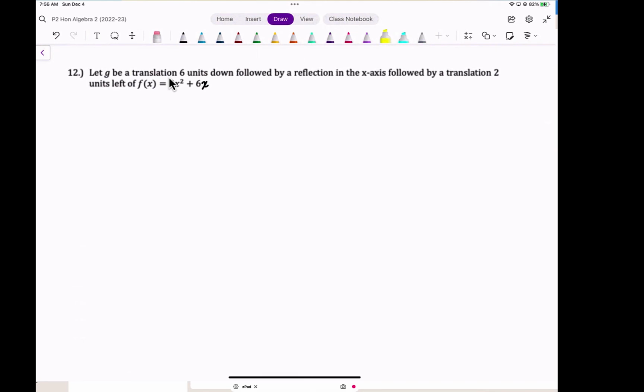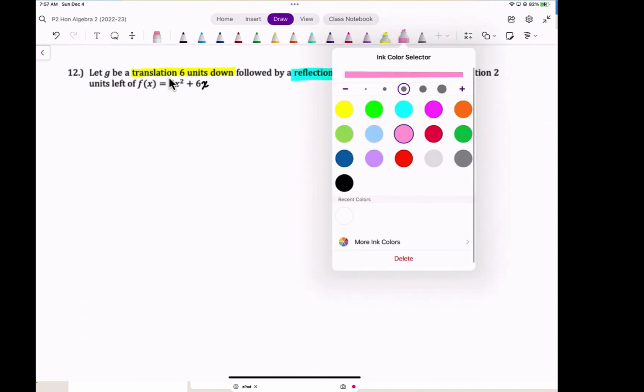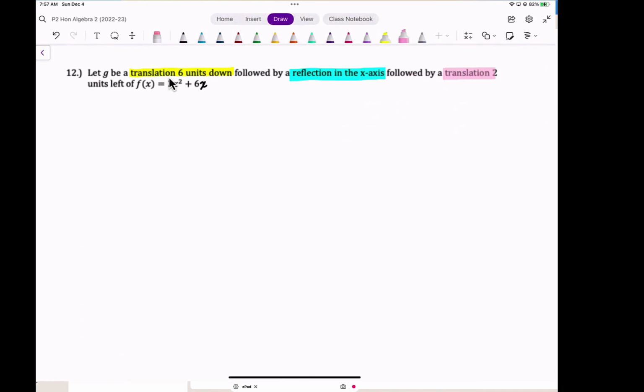So first we're going to have a translation 6 units down, and then a reflection in the x-axis, and then a translation 2 units left. Okay? And they do say that the answer should be G. I'm not going to get too hung up on what the actual letter is, but if that's the case, I'm not going to use G until I do that last transformation in pink.